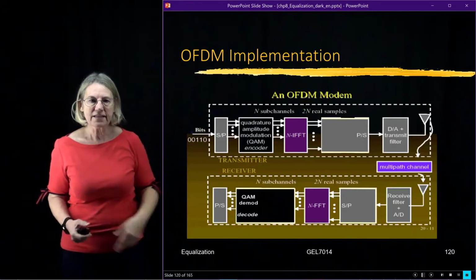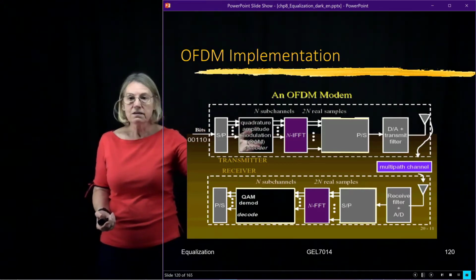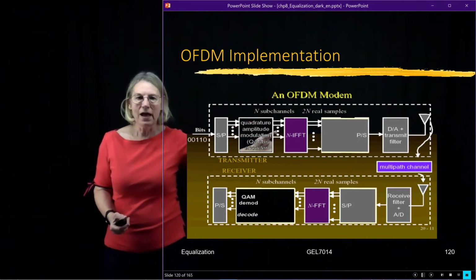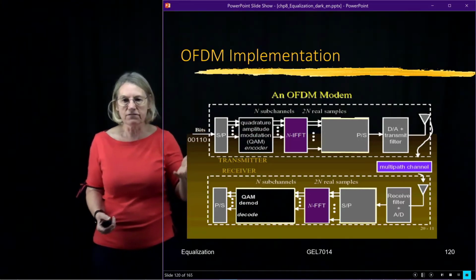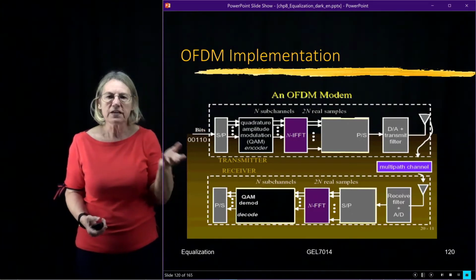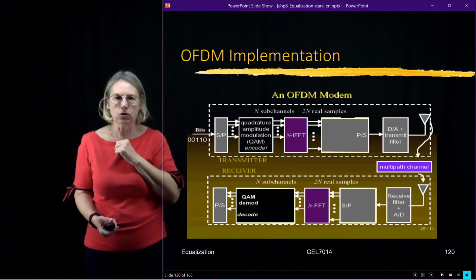Then I take this vector and modulate it. If it's QPSK, I take 2 of those bits and turn them into an IQ coordinate. If it's 16 QAM, I take 4 of those bits and turn them into an IQ coordinate.